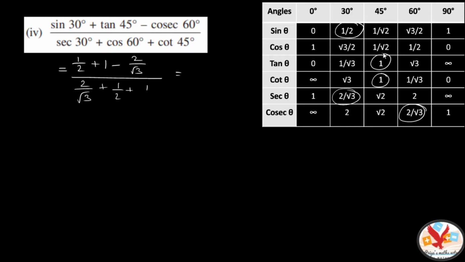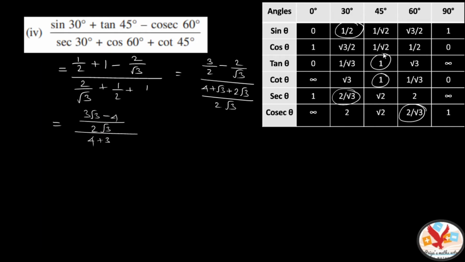Which implies 3 by 2 minus 2 by root 3 by 4 plus root 3 plus 2 root 3 divided by 2 root 3. Okay, which implies 3 root 3 minus 4 by 2 root 3 by 4 plus 3 root 3 by 2 root 3. Cancel out the 2 root 3, which implies 3 root 3 minus 4 by 3 root 3 plus 4.